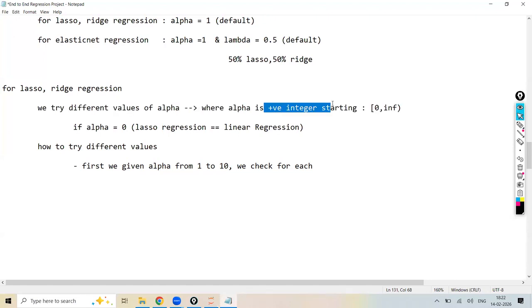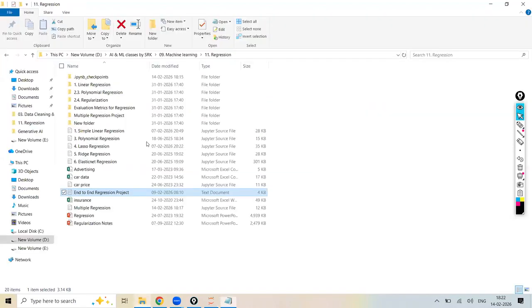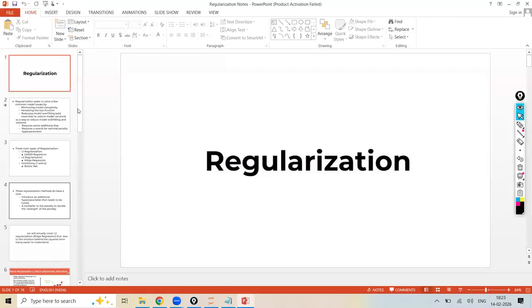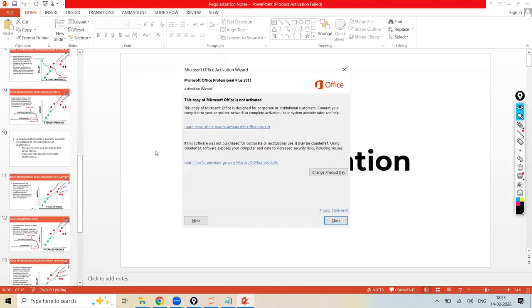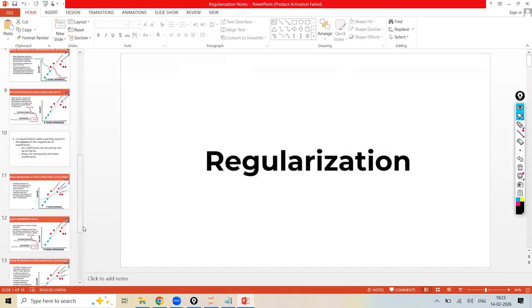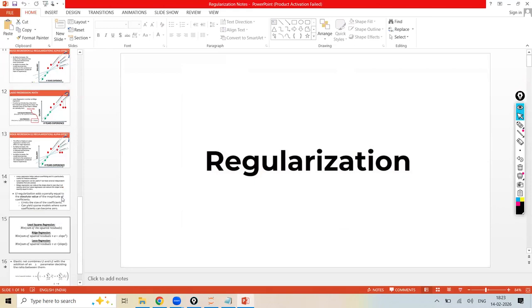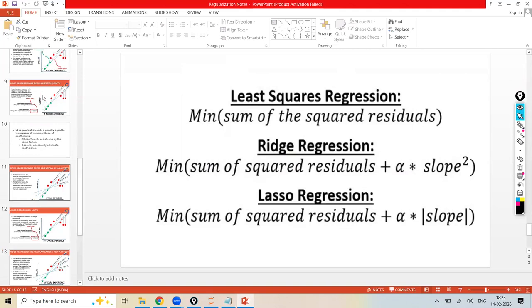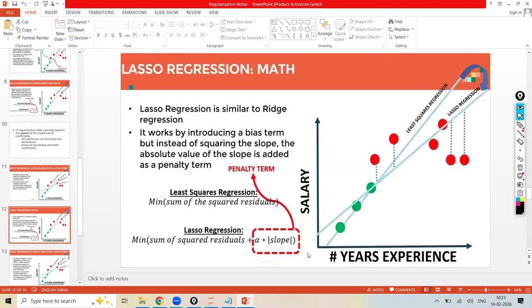Already you remember the theoretical part of lasso regression. In lasso regression, it is alpha into the modulus of slope, plus sigma of y minus y hat whole square.